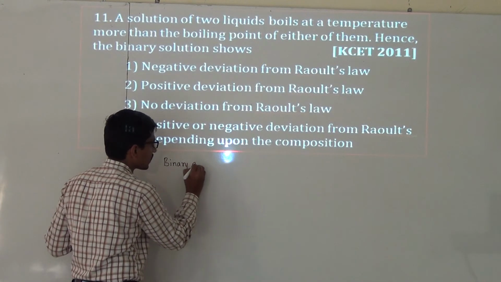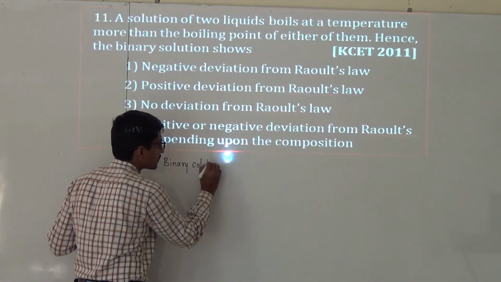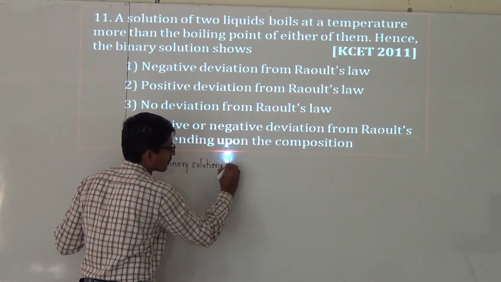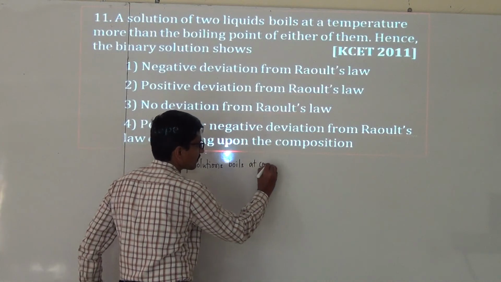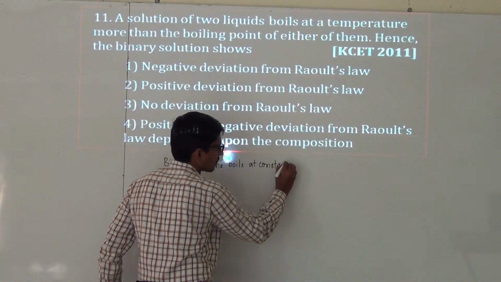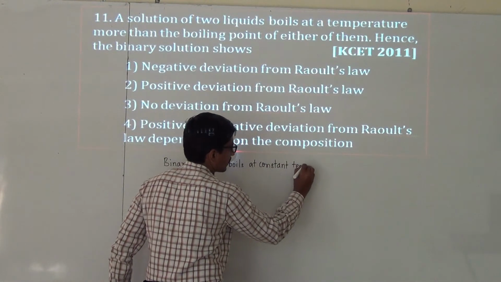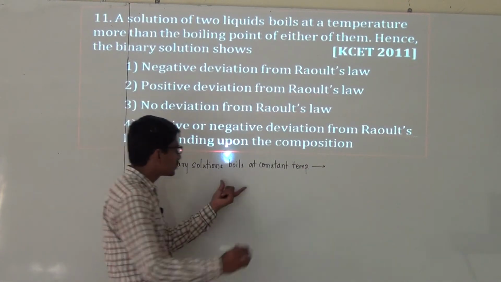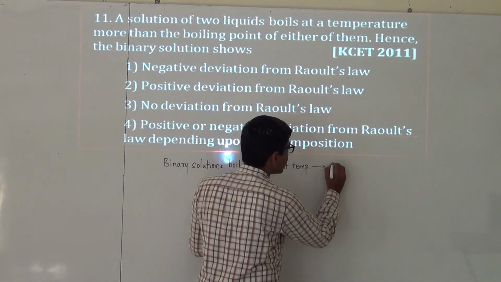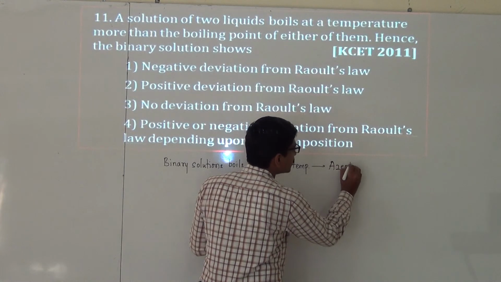Binary solutions boil at constant temperature. Binary solutions boiling at constant temperature are called azeotropes.